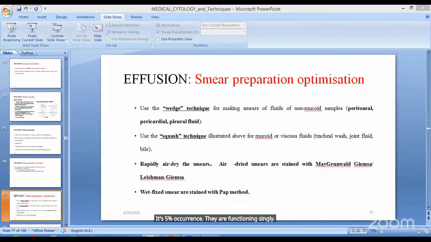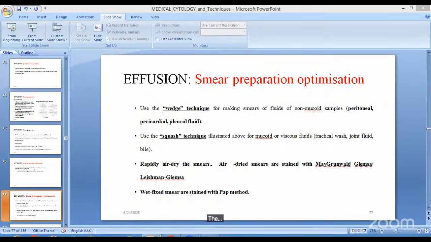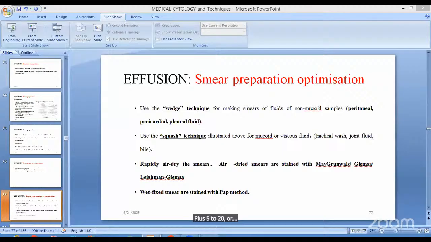And sometimes they could be found in small clusters, like a stack of dishes, with slight molding, rouleaux formation. They occur in clusters. Some of them are like rosettes, like flowers. They cluster around themselves like rosettes, and their size varies from 5 to 20 micrometers. The shape is uniformly round or oval. That's how you identify mesothelial cells.